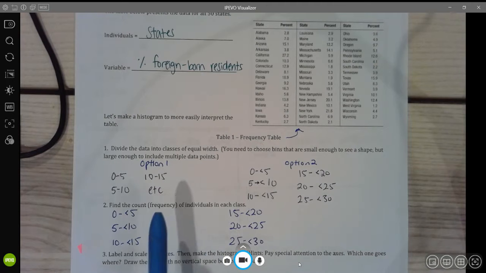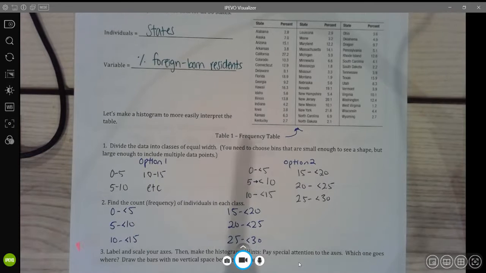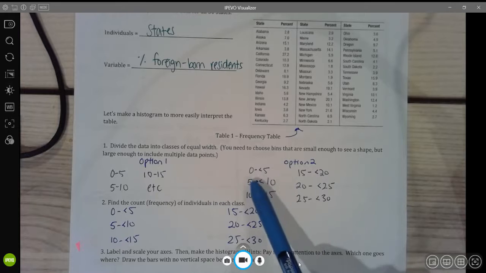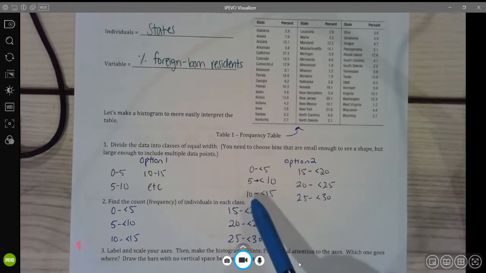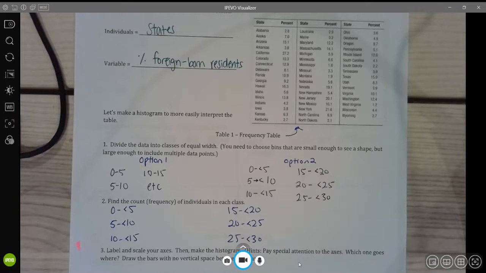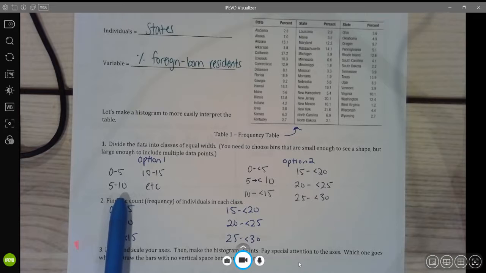Now, there's 2 options here. I want you to look at those 2 options and think about what the difference is. I either go from 0 to 5, 5 to 10, 10 to 15, or I go from 0 to less than 5, 5 to less than 10, 10 to less than 15, etc. The issue that I have with option 1 is, if there was somebody who landed exactly at 5.0, where does it fall?